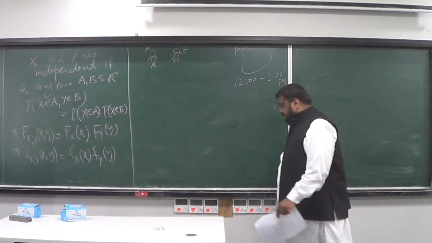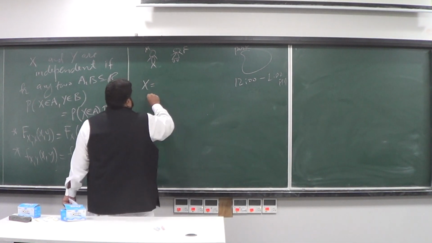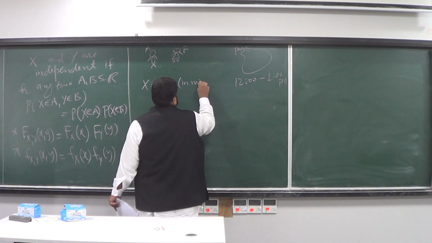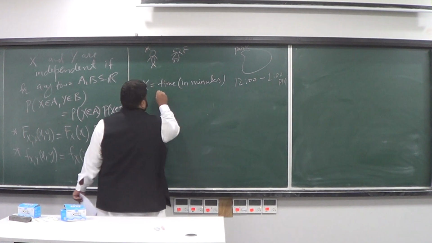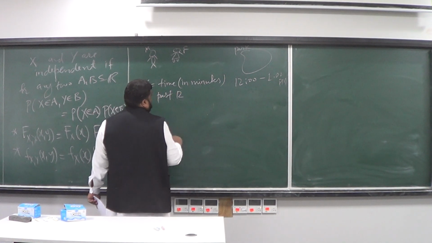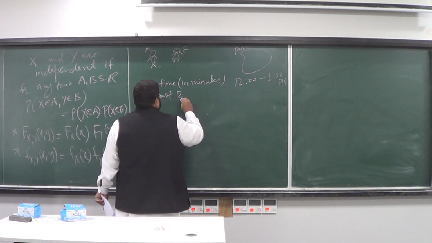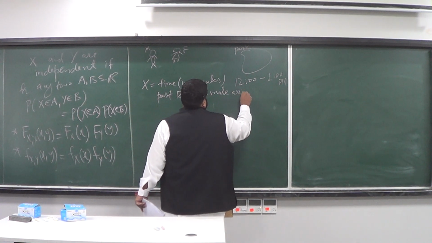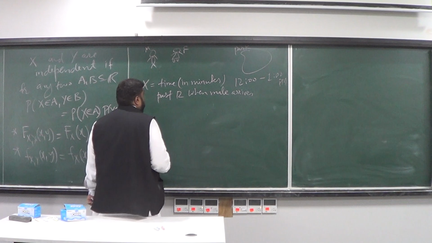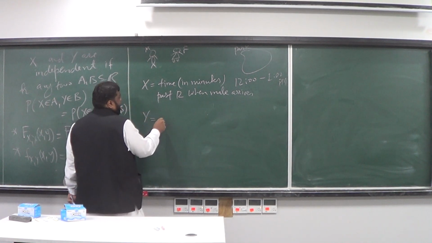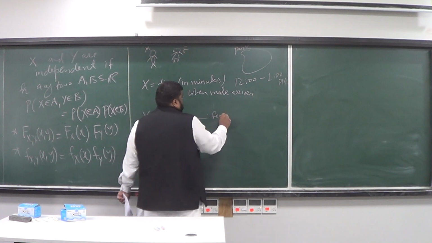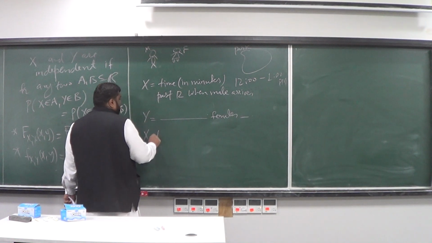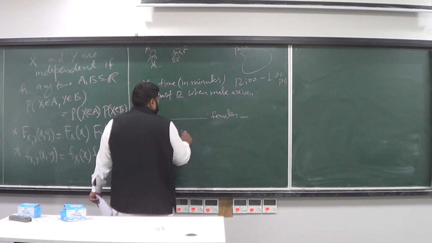So let X be the time, in minutes past 12 noon, when the male arrives in the park, and Y be the time when the female arrives. So what is given to us is that X and Y are independent.